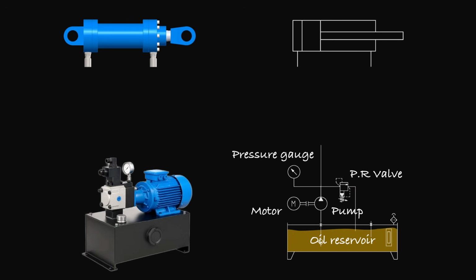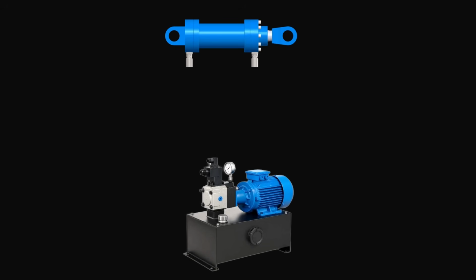But let's assume we don't have any directional control valve in this circuit. Maybe it's not invented yet. So how could we possibly operate this hydraulic cylinder without a directional control valve? Well, to extend the cylinder rod, we can connect the pressure line port of the hydraulic power unit directly to the rear port A of the cylinder.